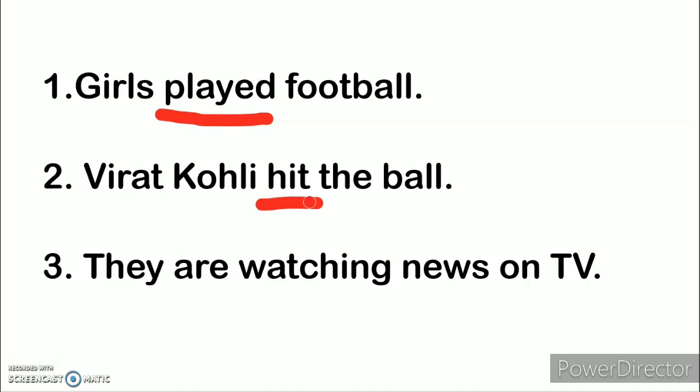Therefore, the word hit is the verb here. In example 3, they are watching news on TV. So, the action is watching. So, these are the ways in which we can identify verb in a sentence.